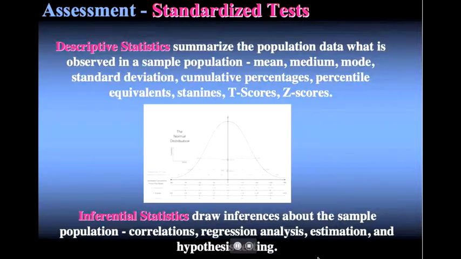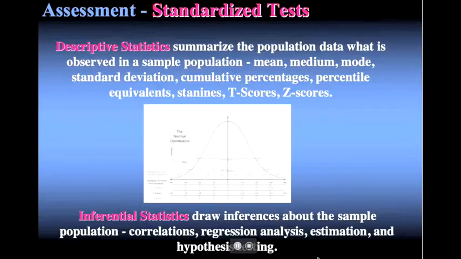Inferential statistics are those types of statistics that draw inferences about the sample population, about the mean, median, and mode, and the like. They deal with finding correlations, relationships between different variables, regression analysis, analyzing what's happening in those indicators.